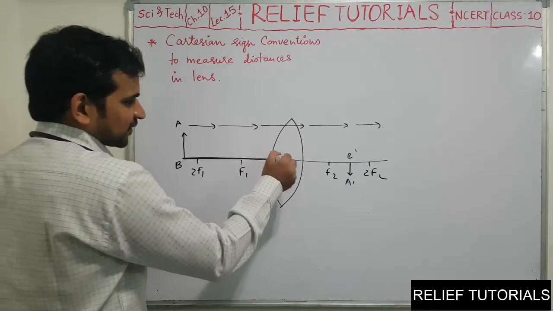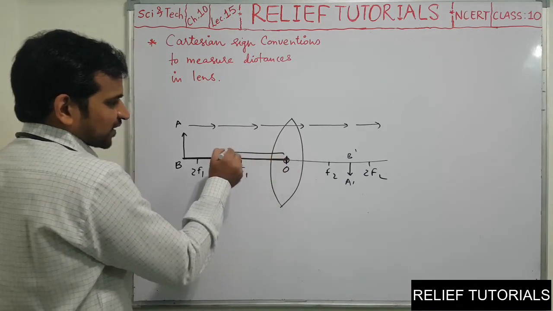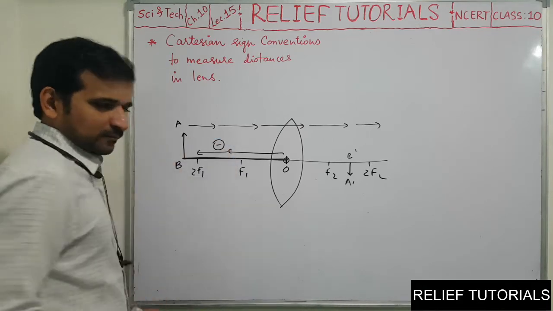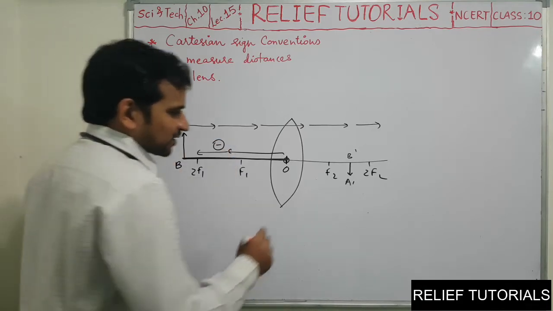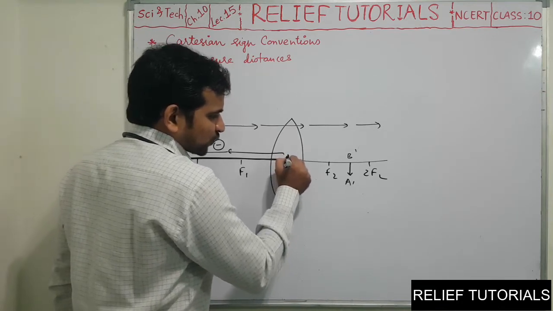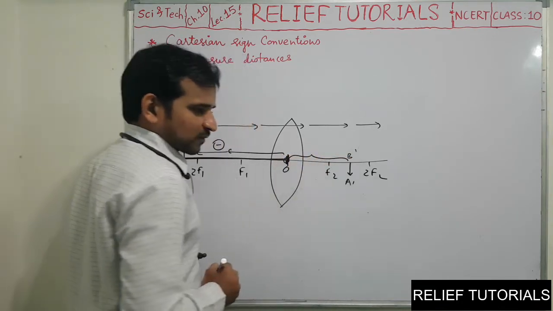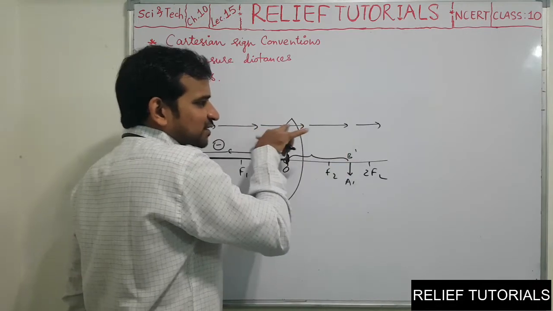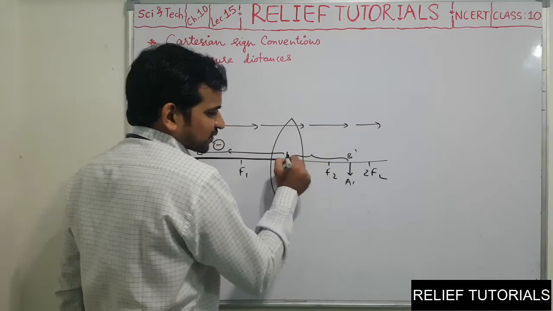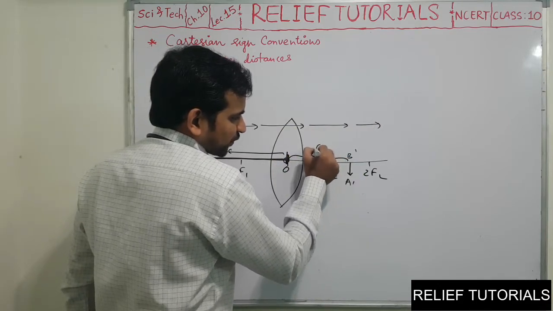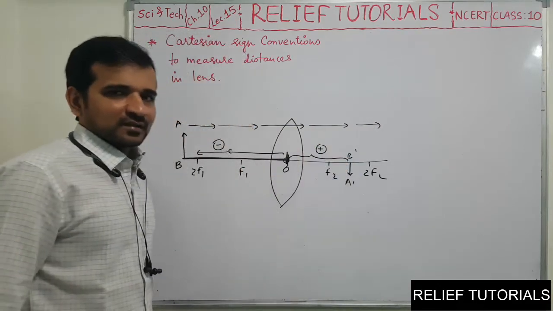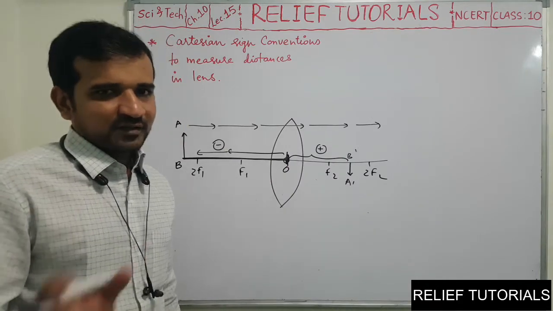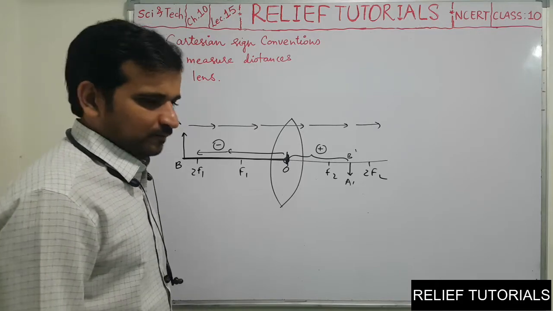But we can see that we are measuring the distance in the opposite direction of incident ray. So this distance is taken as negative. Image distance means O to B dash. So here we are going in the right hand side direction, means in the direction of incident ray. So this distance, the image distance, is taken as positive because we have measured the distance in the direction of incident ray. The rules are same for mirrors as well as for lenses.